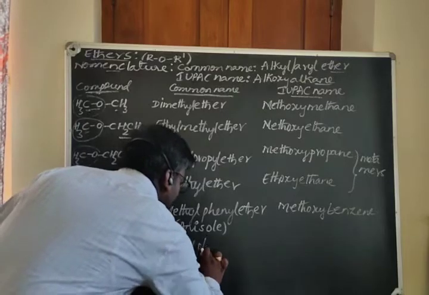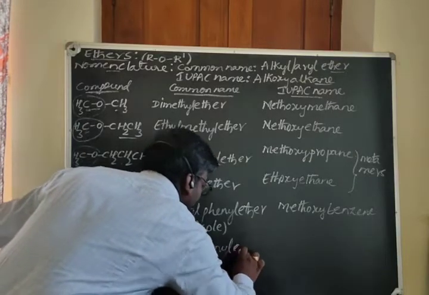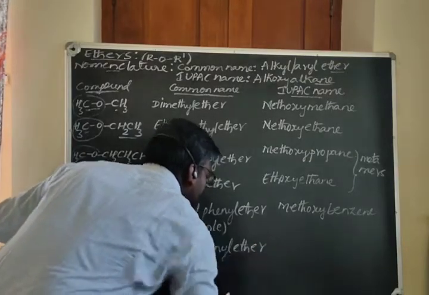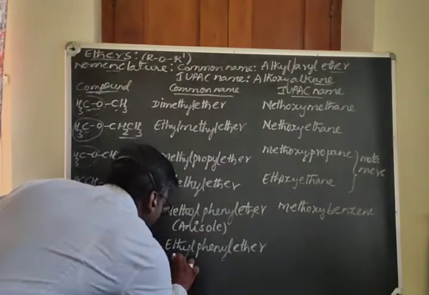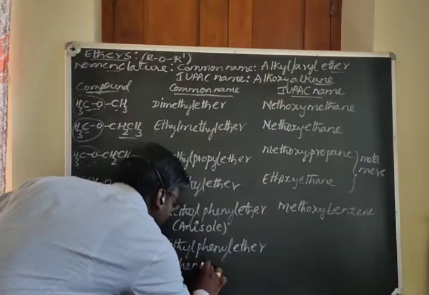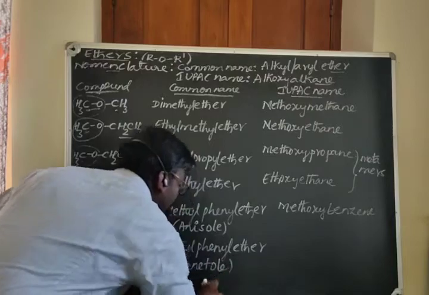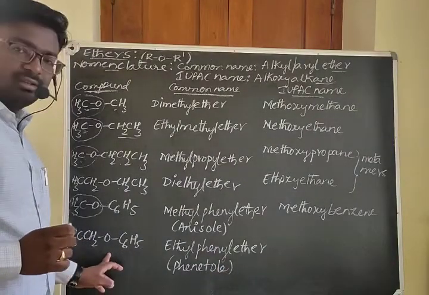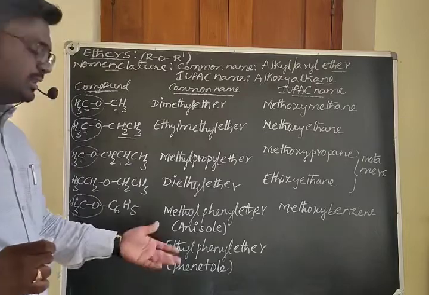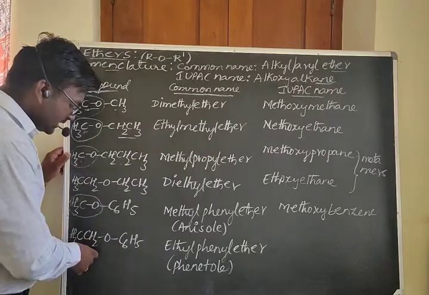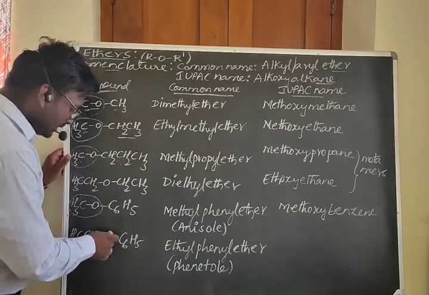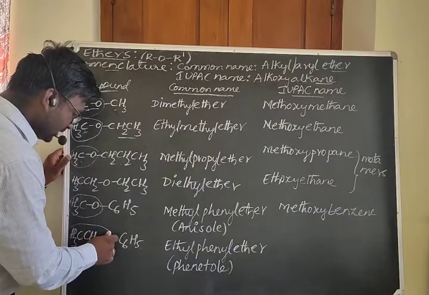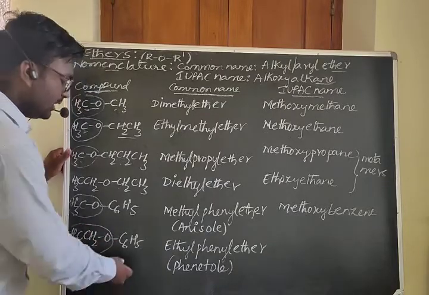This is also called phenetol. So it is ethyl phenyl ether in the common system, and in the IUPAC system the ethyl group with oxygen is considered a substituent, so it becomes ethoxy and benzene.